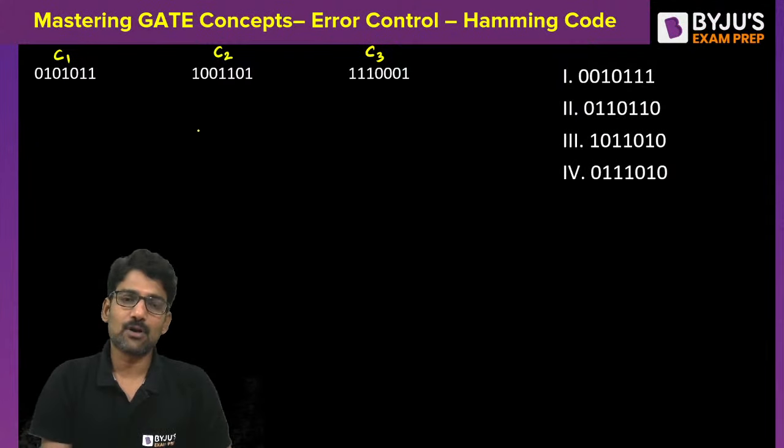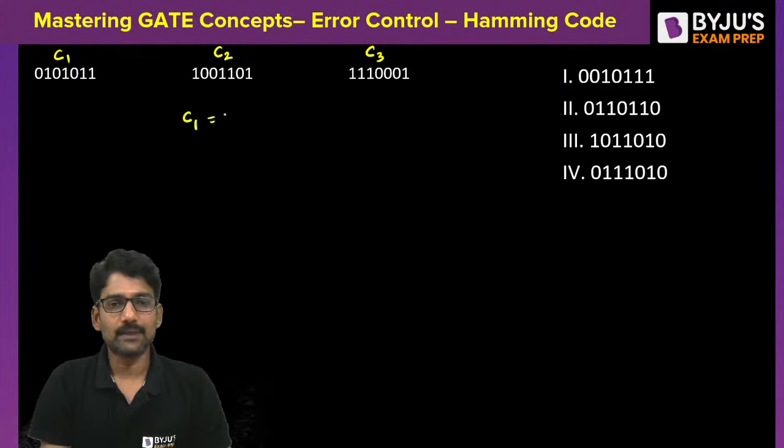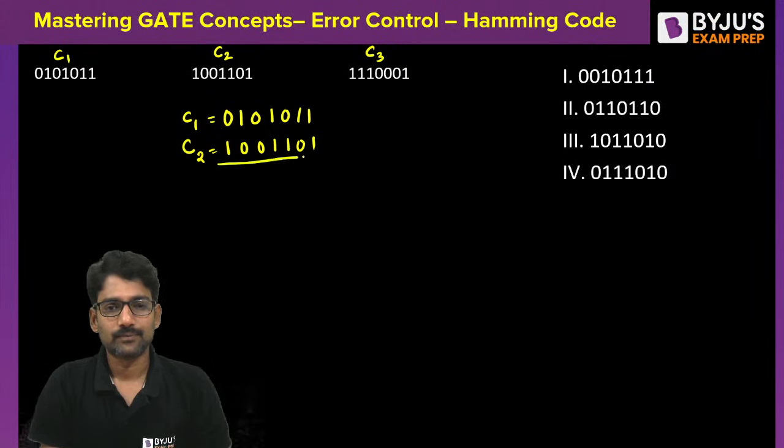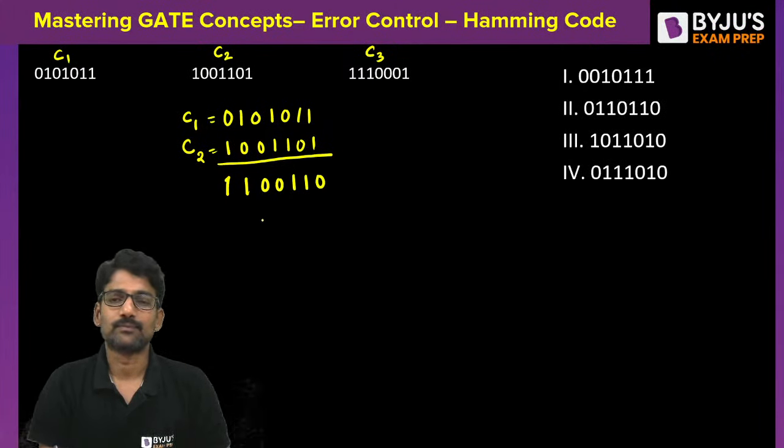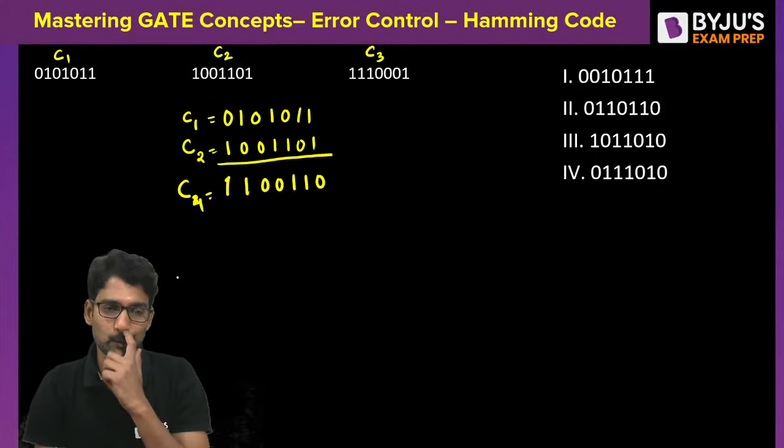So apply XOR among them. C1 0 1 0 1 0 1 1. C2 1 0 0 1 1 0 1. So do XOR. You will get 1 1 0 0 1 1 0. Do you have that here? Let it be C4. It is also a valid code word.